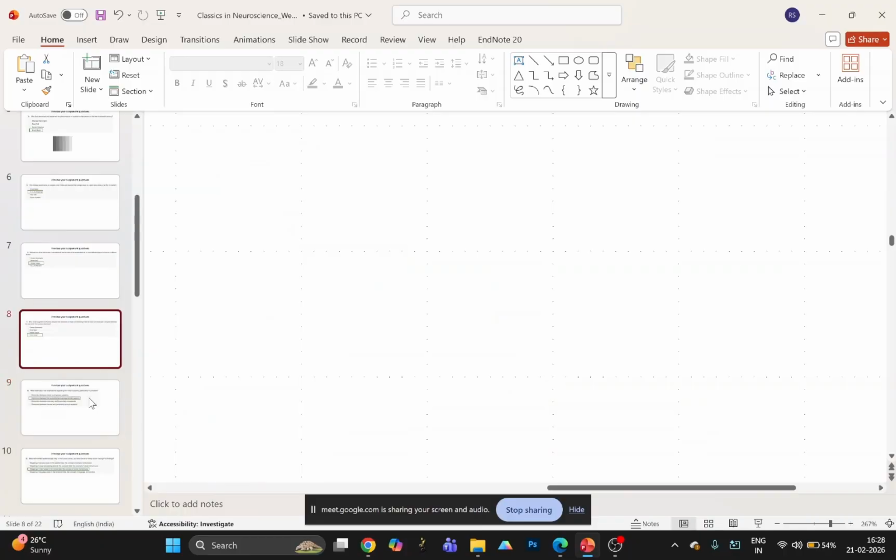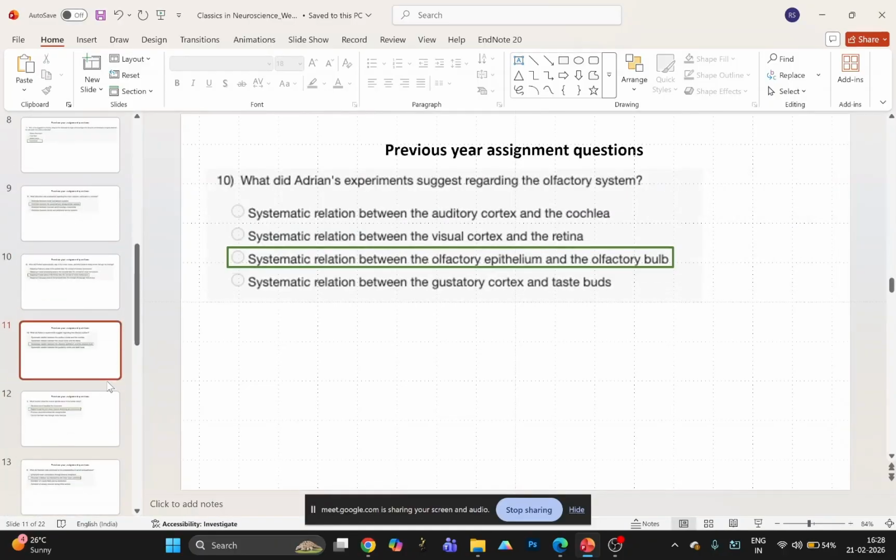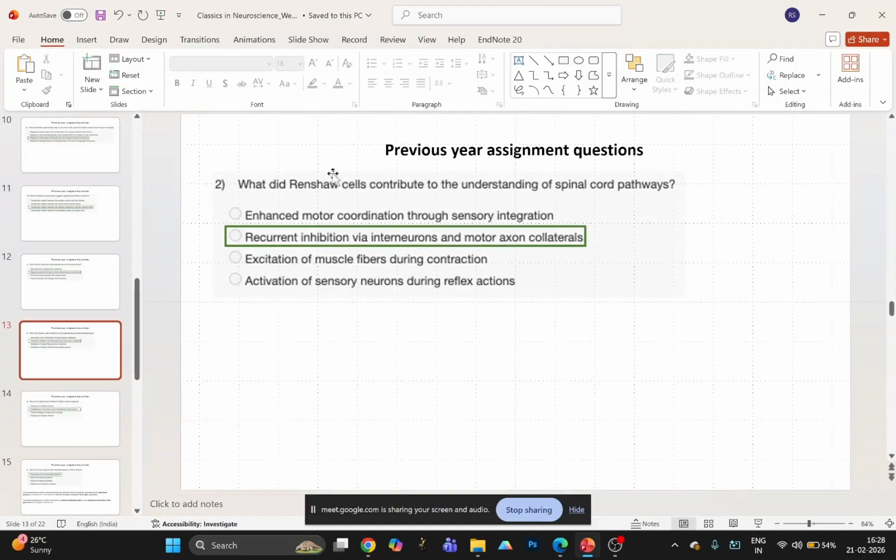So now coming back to that question, what did Renshaw cells contribute to the understanding of spinal cord pathways? They told us that there is a phenomenon of recurrent inhibition via interneurons and motor axon collaterals. These Renshaw cells that Jack Eccles and his collaborators found were in the spinal cord.